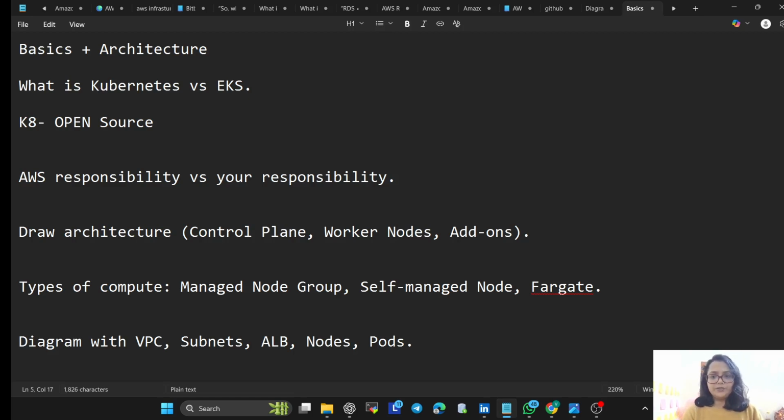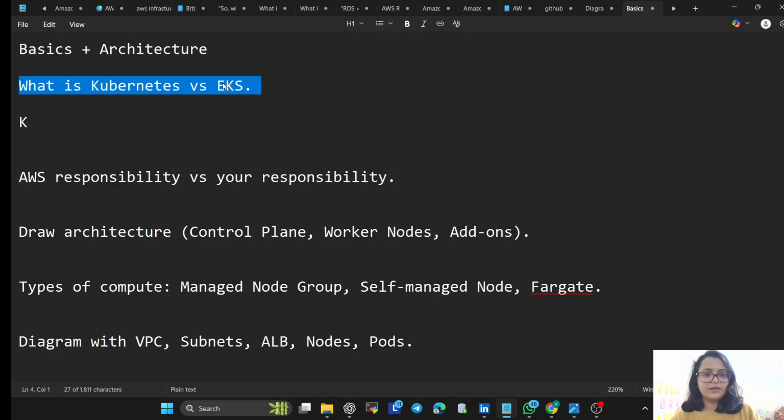We all know that it is an orchestration platform, and here we can deploy, scale and manage our containerized applications.